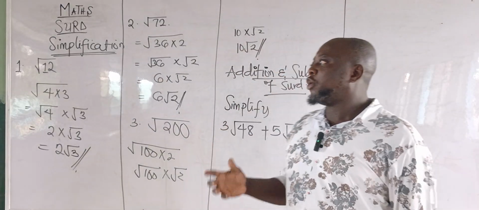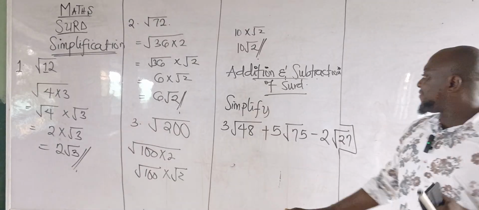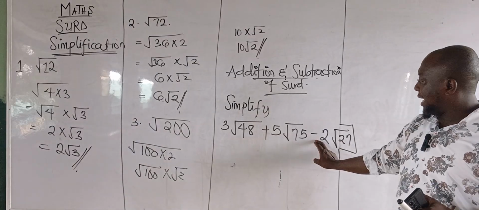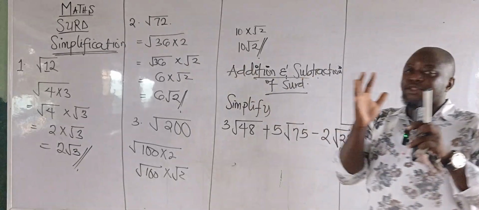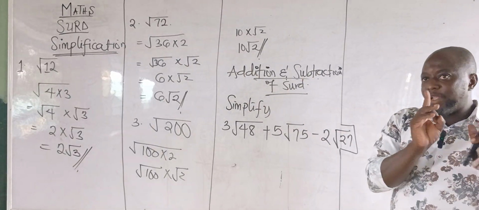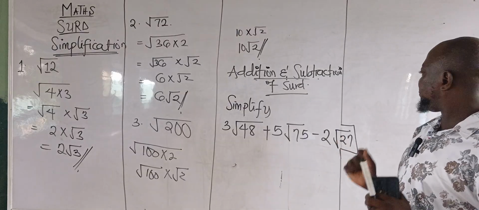So how do we do this? Now, you are going to observe the sign, plus and minus sign. Also, in this case now, all of the surds are combined together. Please watch me. First off, what do we do?